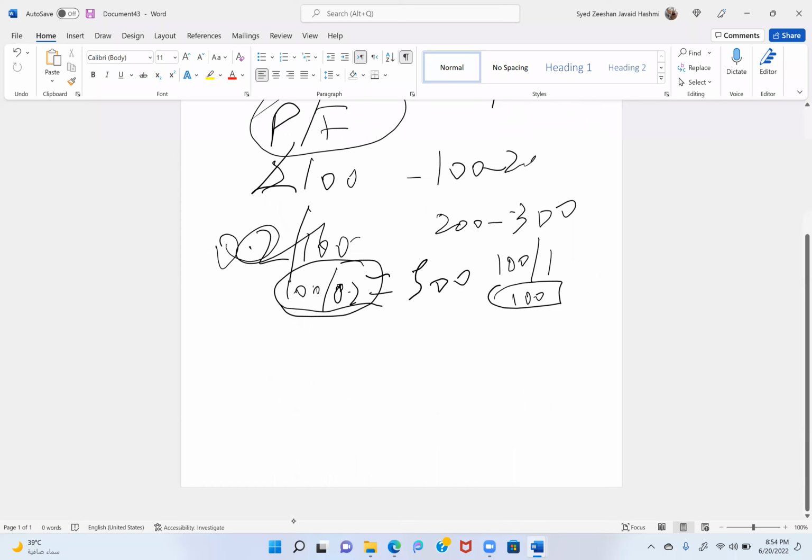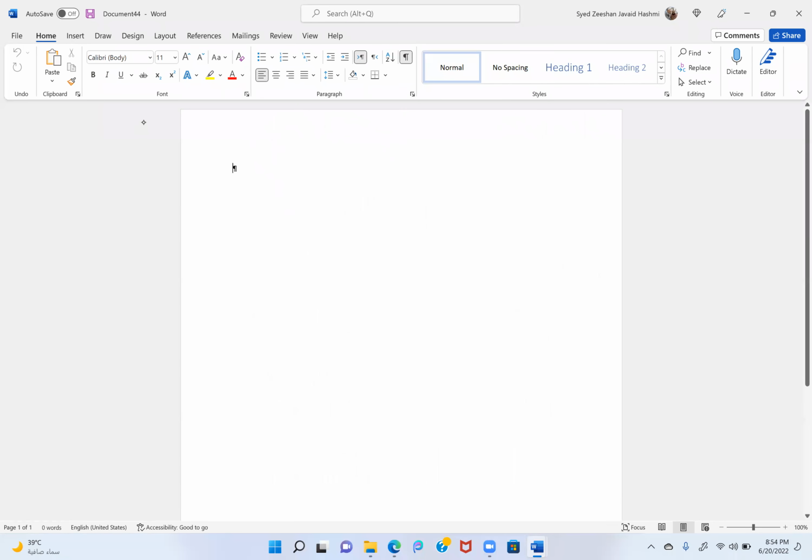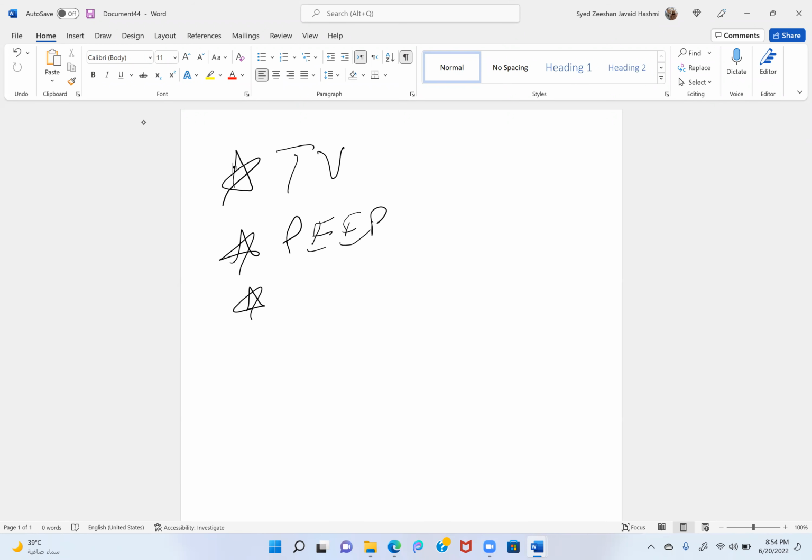And now the lung protective strategies. How will you give them? What are the factors you will be looking at? It's the ARDS net protocol, a ventilator protocol.